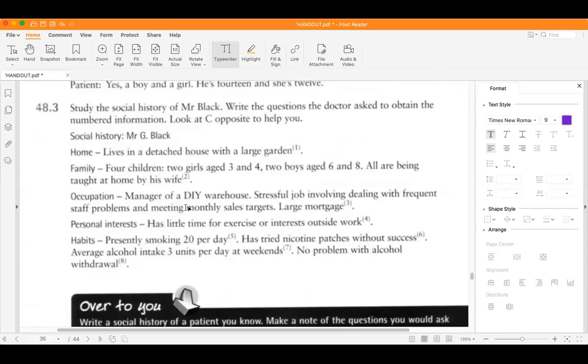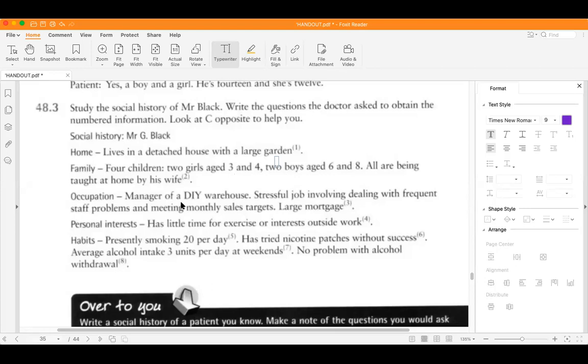Let's move to this exercise. Study the social history of Mr. Black. Write the questions the doctor asked to obtain the information. He lives in a detached house with a large garden. Family, 4 children, 2 girls, age 3 and 4, 2 boys, age 6 and 8.